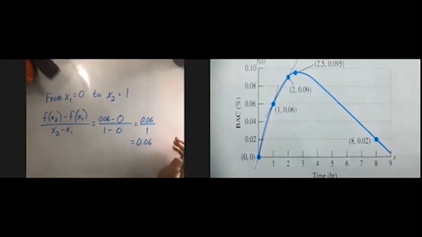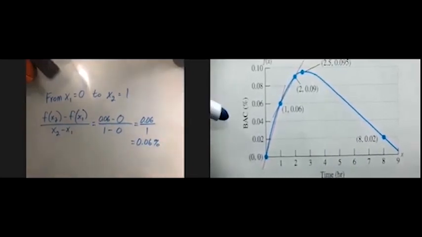Now that wouldn't be 6%, that would be 0.06%. And why do we know it's a percent? Because the graph tells us blood alcohol concentration, the units are percent.